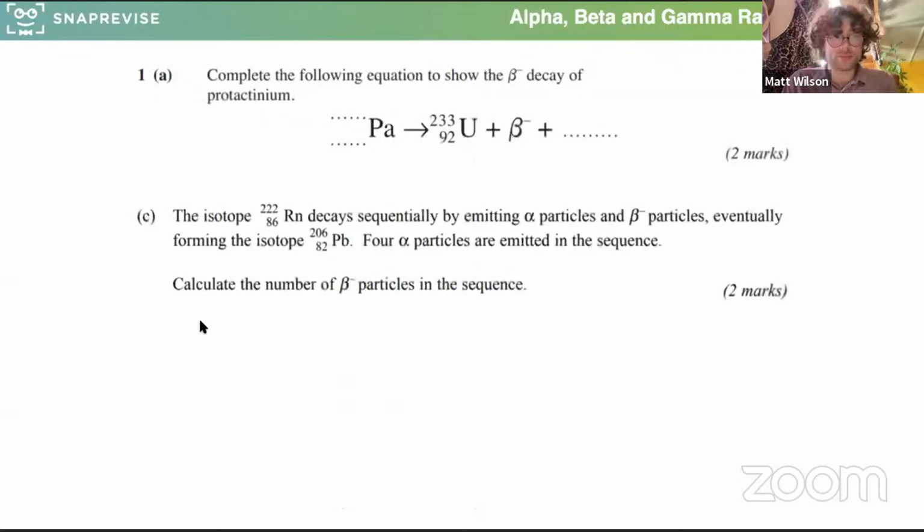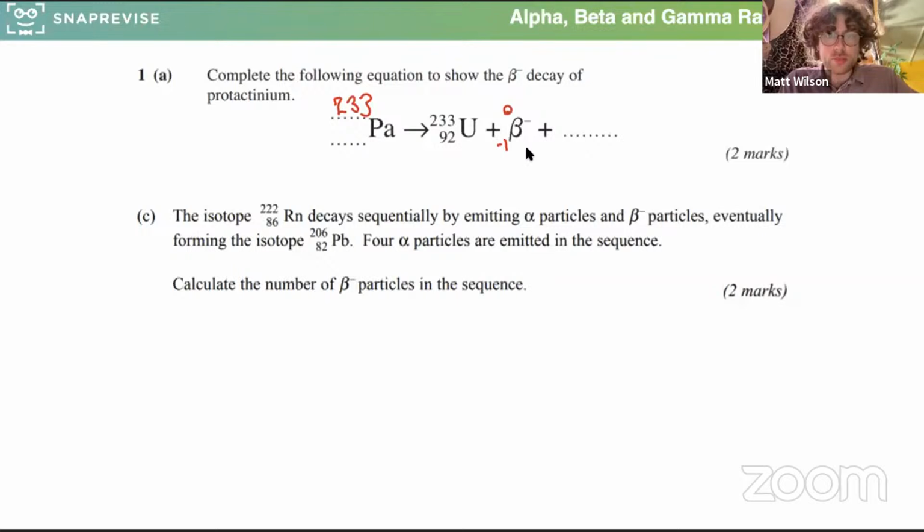Good. Next question. Complete the following equation to show the beta minus decay of protactinium. In beta minus decay, does the number of nucleons change? No. So it'll be 233 up here as well. However, let's label this for our own sake. We know a beta minus particle has a 0 here and a -1 here.